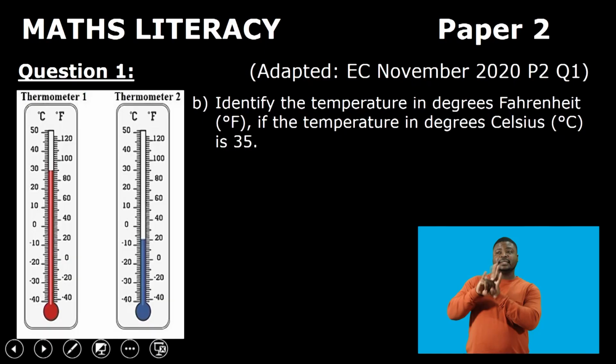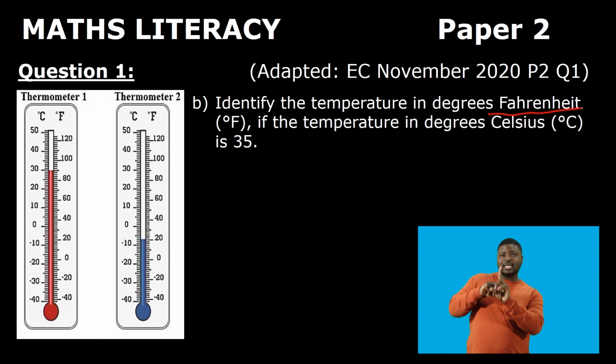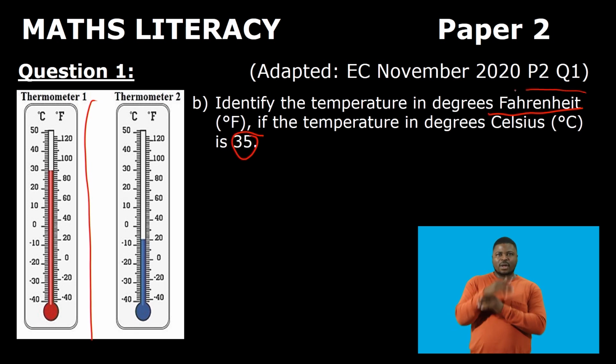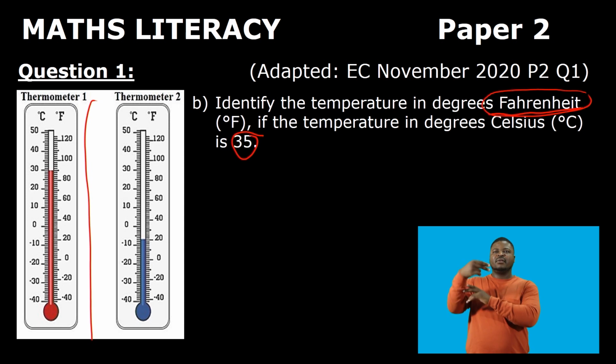Identify the temperature in degrees Fahrenheit if the temperature in degrees Celsius is 35. Now, these are exactly the same thermometers, so you can use whichever one you choose. What you will be doing here is you will go to Fahrenheit. We want to know the Fahrenheit.